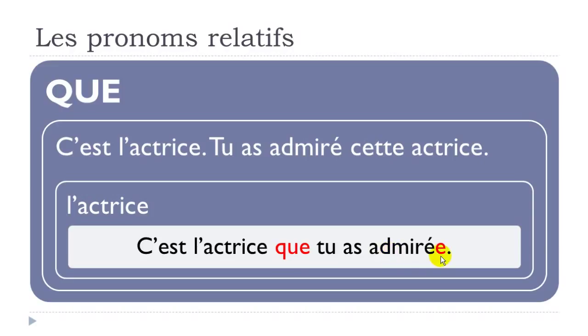The good news is that phonetically here you don't pronounce it, okay? But in some cases you will have some participe passé ending with maybe T or something like that, and then if you put the feminine form you will have to pronounce it, okay? So it's really important to remember that with this kind of structure, when you've got this pronom relatif que, complément d'objet direct, at the passé composé form, and you've got the feminine form, you will have to add the e at the end of your participe passé here.